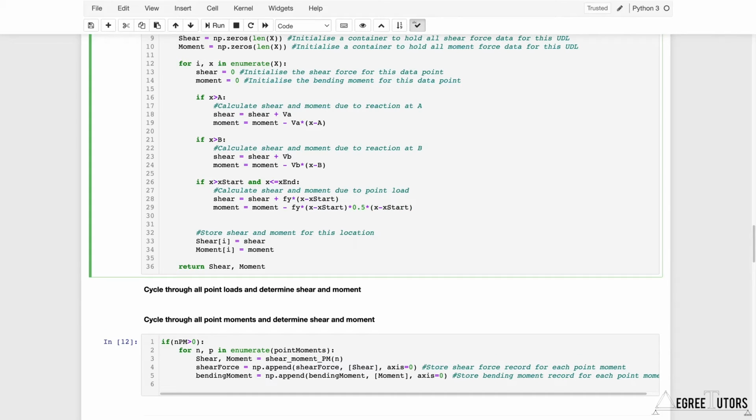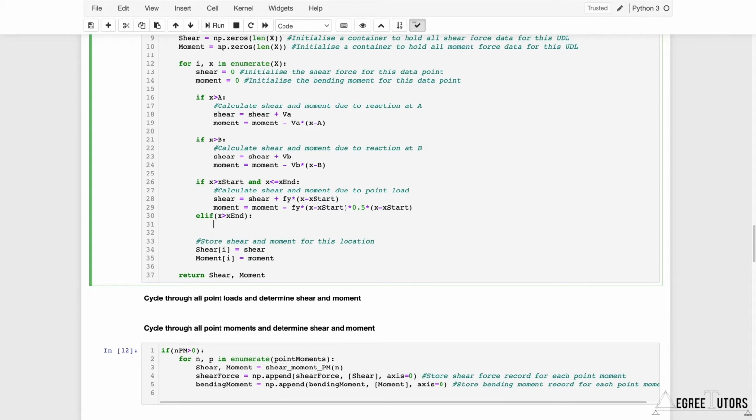We have another possible condition, so we'll say elif x is greater than x end. So if we're to the right of the uniformly distributed load, well then shear is going to be shear plus the full force, the full effect of the UDL, which was going to be Fy. So it's intensity times x end minus x start.